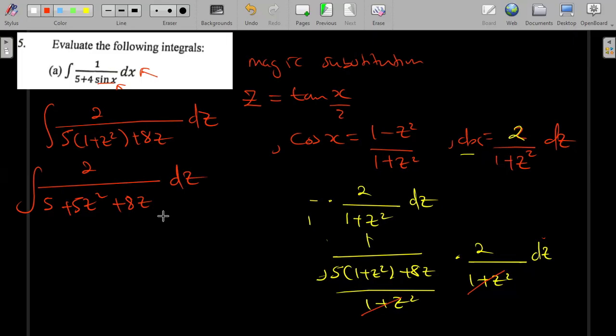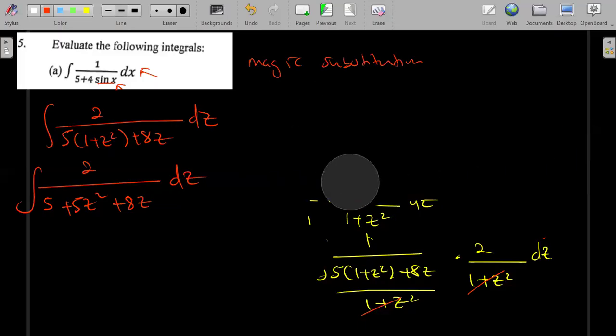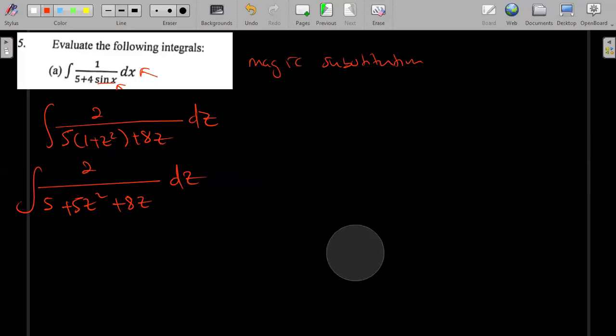Now after getting this, what do I do next? I want to complete the square on the denominator. I write it separately: 5z squared plus 8z plus 5.